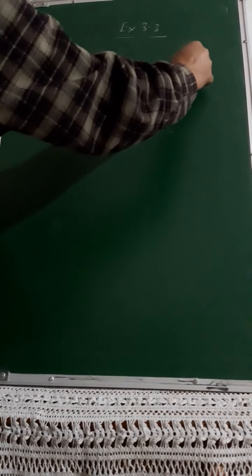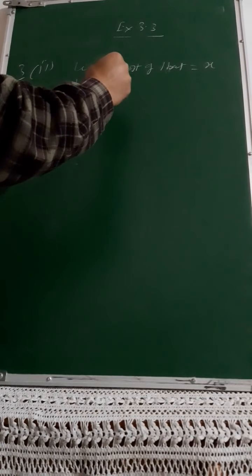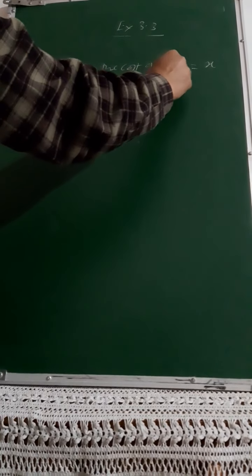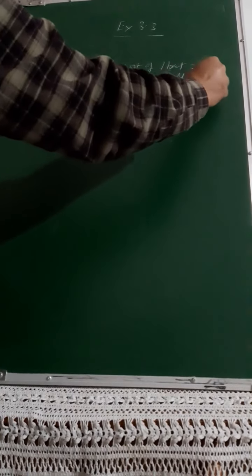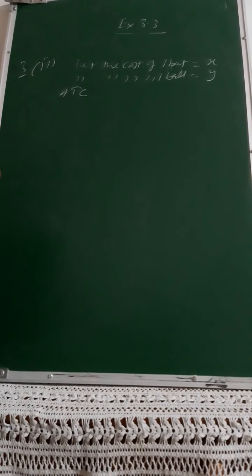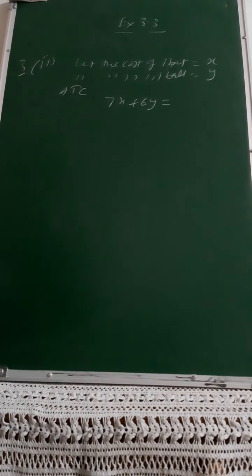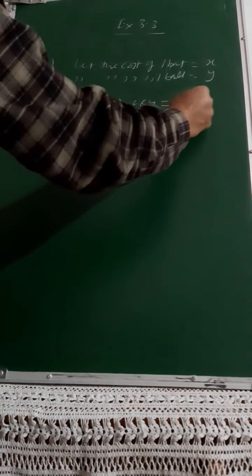1 bat, same thing we are repeating, be rupees x, and let the cost of one ball be rupees y. Then apply the condition to form the equation. 7 bats, 6 balls. So 7x plus 6y is equal to rupees 3,800.